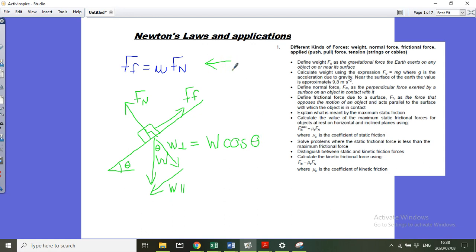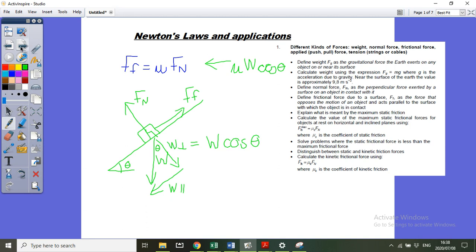So now here it's just going to be mu times W cos theta. And that's always the case, so you don't have to really stress too much about it. I don't like rote learning, but this one could never be anything different. So those are your different normal forces that you could get. There was a question like this in your test, so just make sure that you can do it.